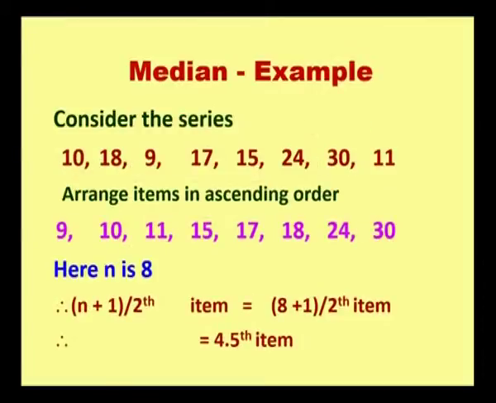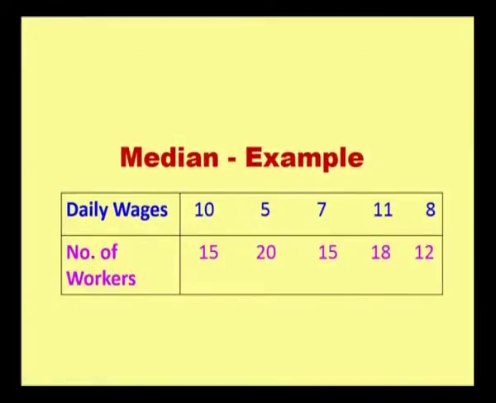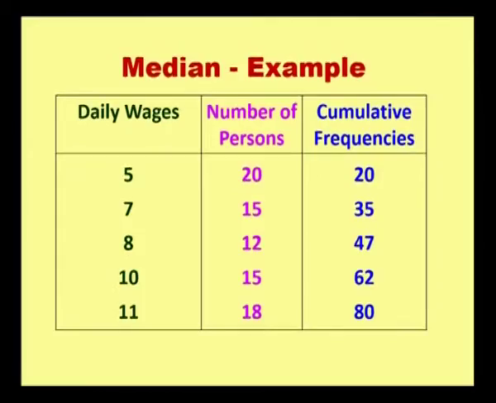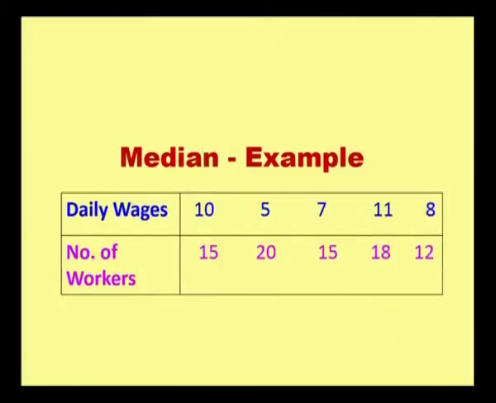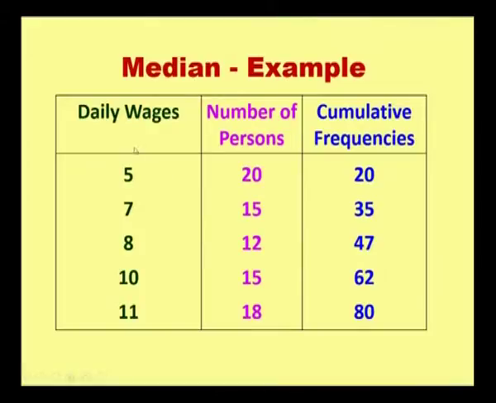So, in these two cases, the data set is somewhat simple, ungrouped. And in case it is grouped data, how can we find the median? In this example, the daily wages and the number of workers data set is given, and here the daily wages are 5, 7, 8, 10, something like that, and the number of persons, and we are calculating the cumulative frequency.